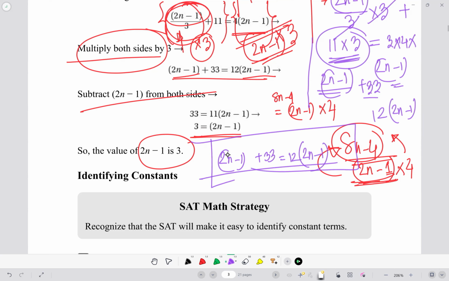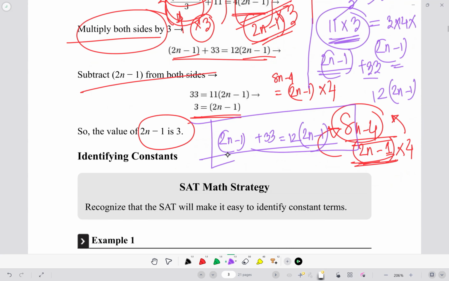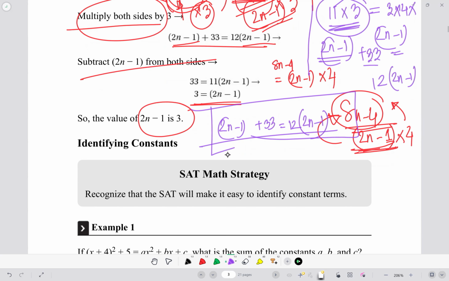And now you are just subtracting 2n minus 1 from both sides of the equation. How do you do it? If you subtract 2n minus 1 from both sides of the equation, then it becomes 33 equals 11(2n minus 1).